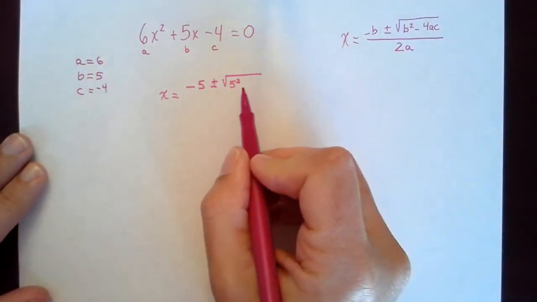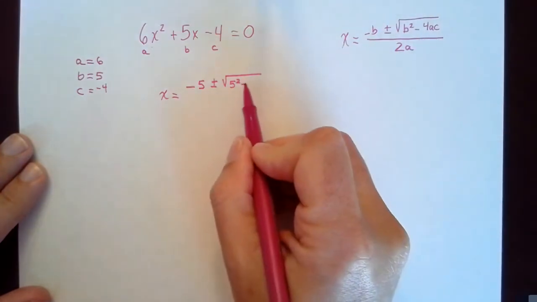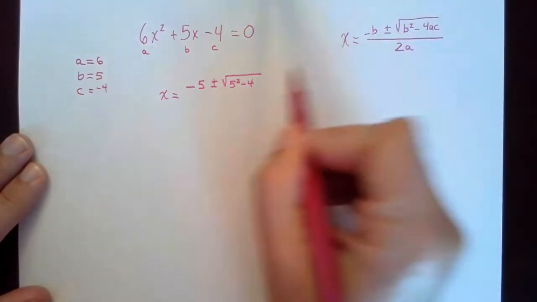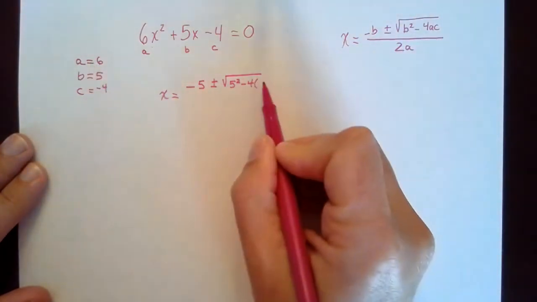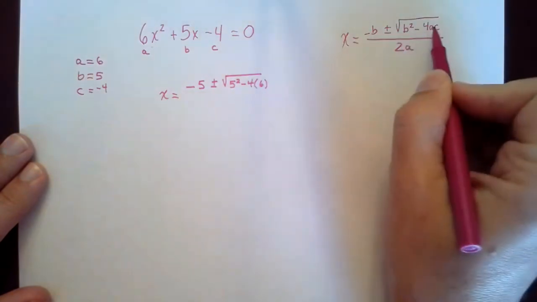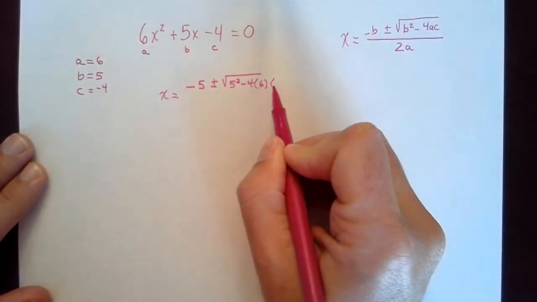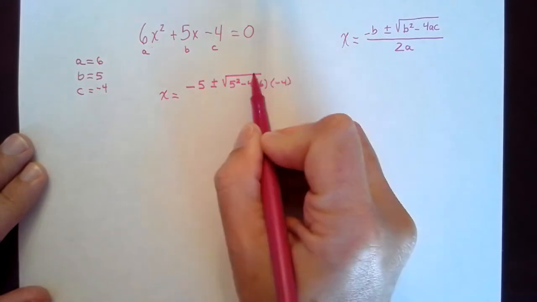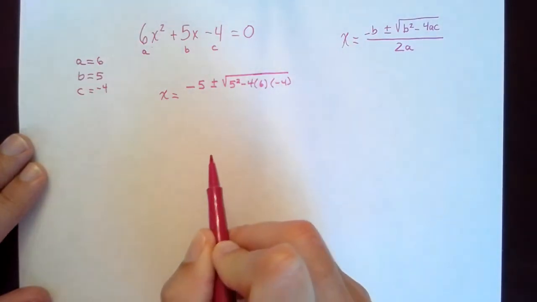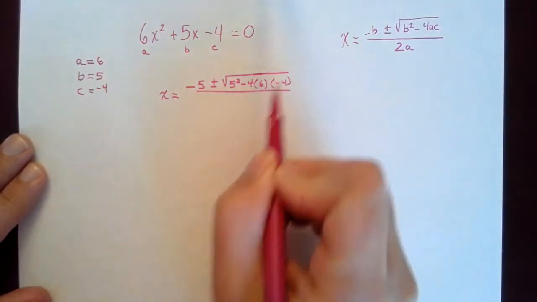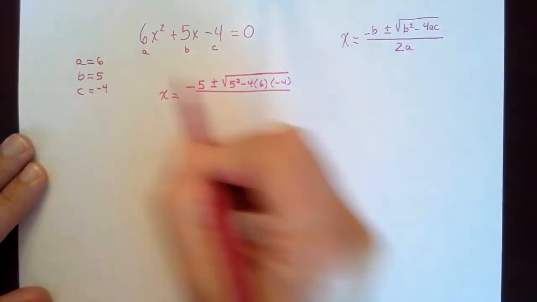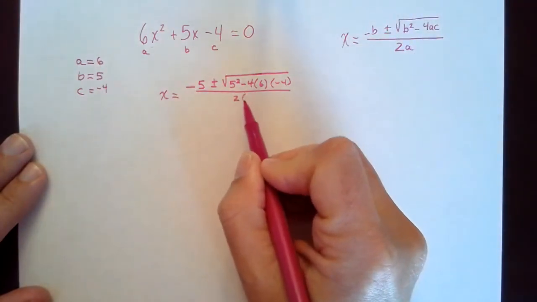First time I'm just going to write it all out. Minus, it's always the constant 4 times a, which is 6, times c, which is negative 4. I'm just going to extend my radical sign there. All divided by 2a, or 2 times 6.